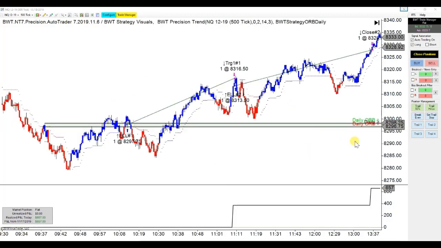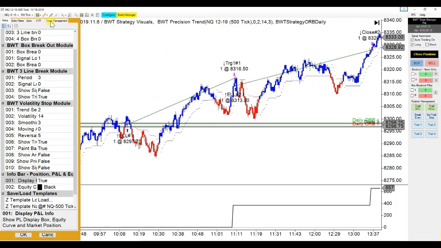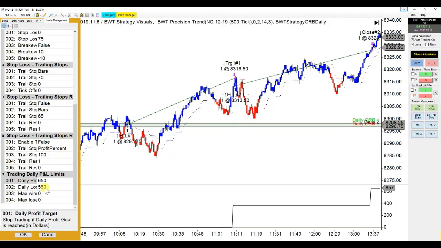This is the 500 tick chart filtered by the daily open range. Of course, I was on longs only, so beautiful long trades. The target was $650, with a 550 daily stop. Trading just one contract.